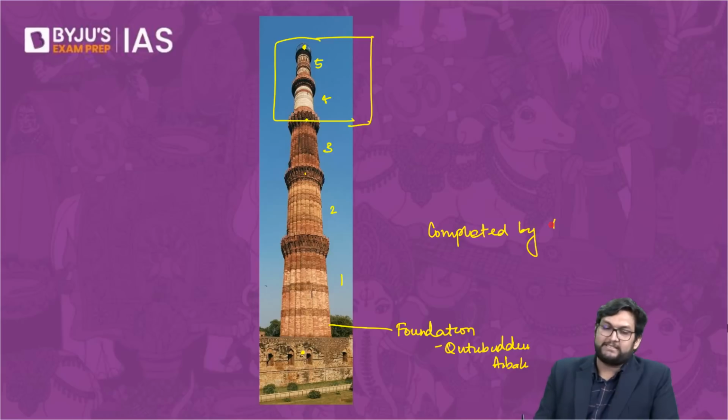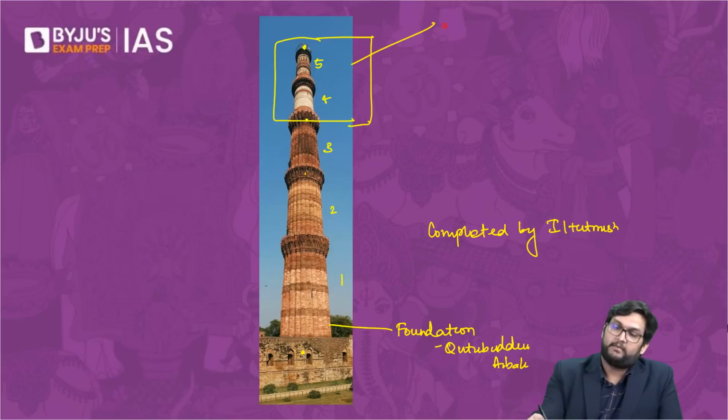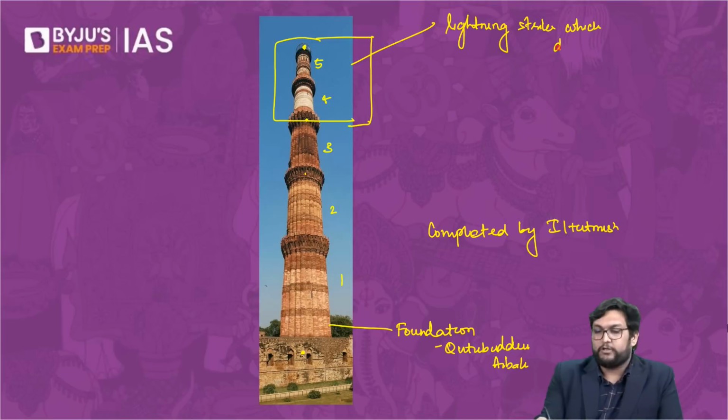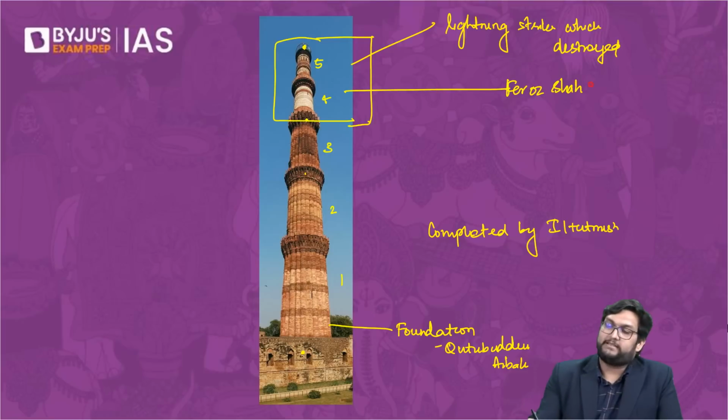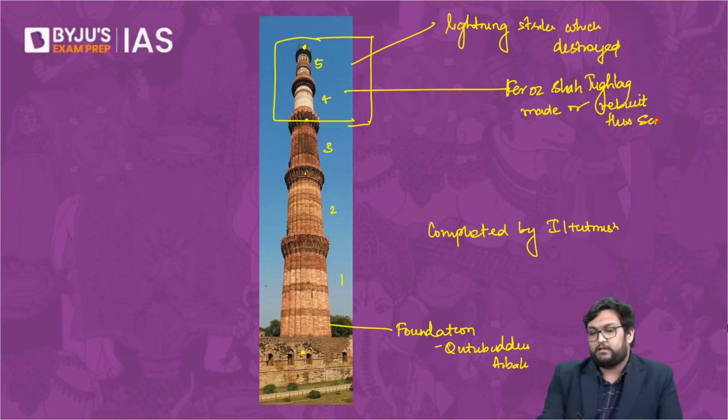But what happens is that on the upper two, there was a lightning strike, which destroyed this. And Firoz Shah Tughlaq rebuilt this section. And basically, he made it with marble.